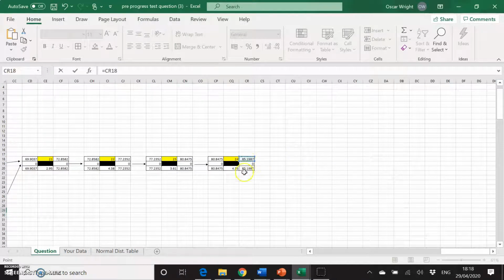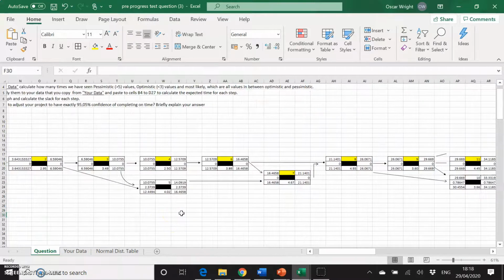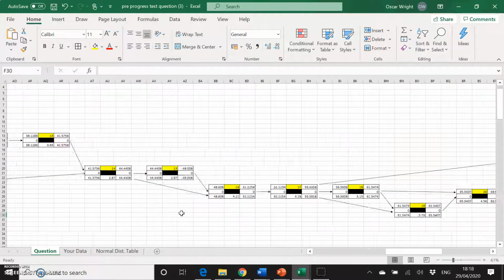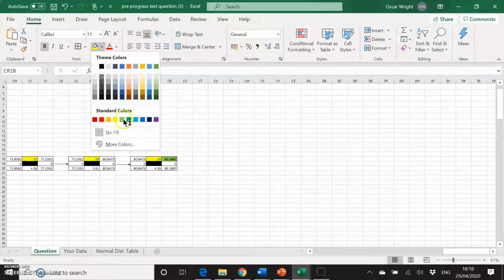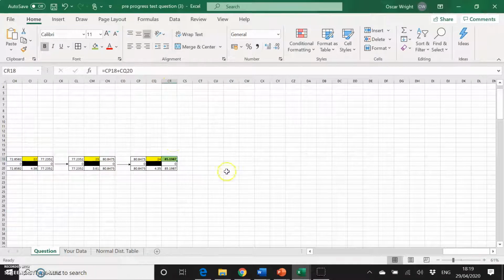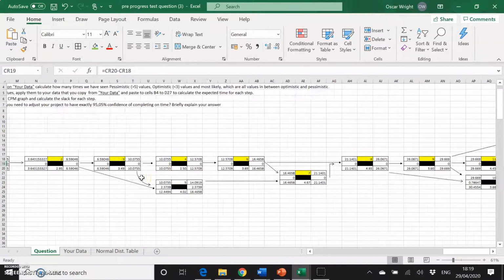So if this was in days, then 85.1987 days would be our critical path. And just to make that a bit clearer, I'm going to put that in bold, and I'm going to highlight it in green. Let's choose a nice light green. Alright.